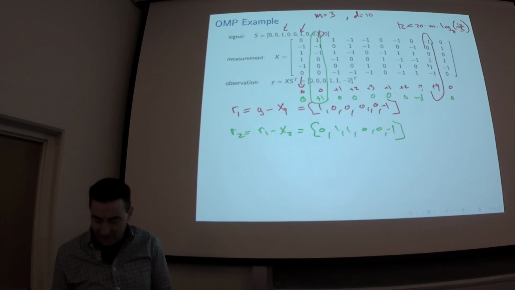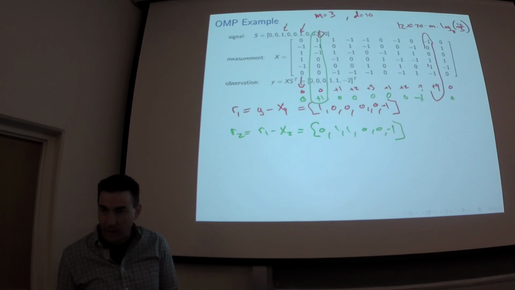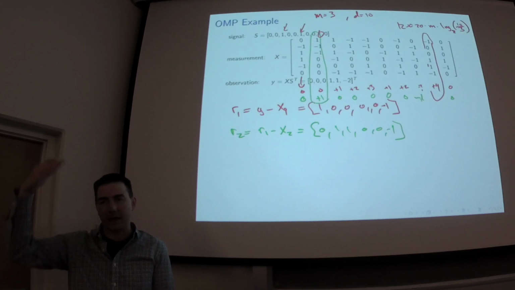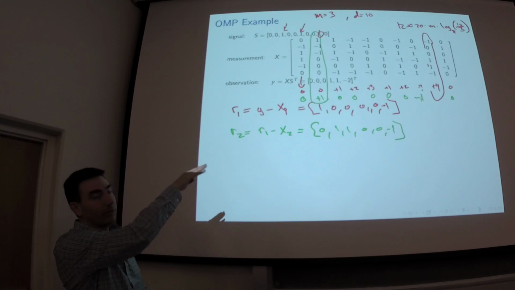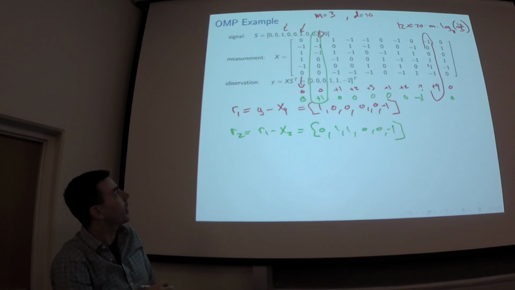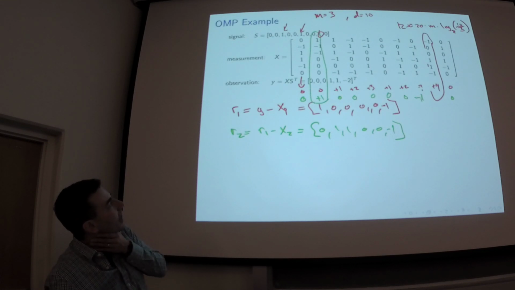Okay, so let's just do one more step. There are variants of this where you can add a correction, where after you've done something, you can go back and revisit it. So if I find the third or the sixth column in the next round, and I take a dot product now with column 6, what's going to happen?